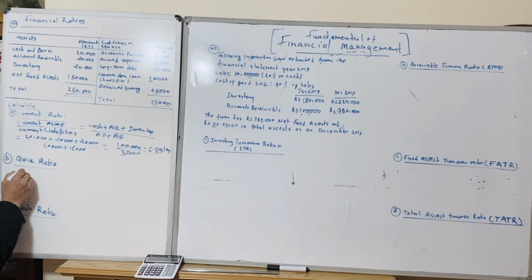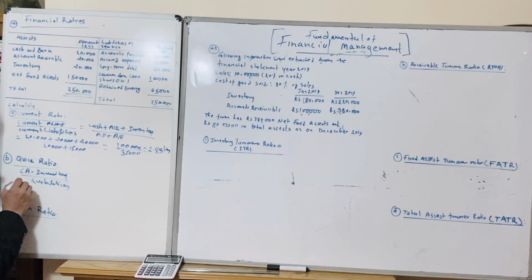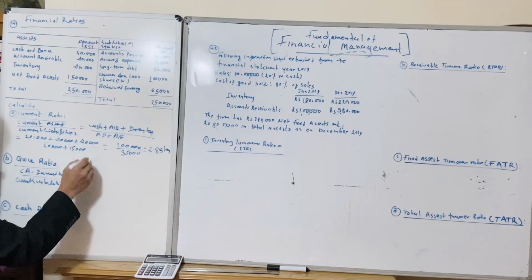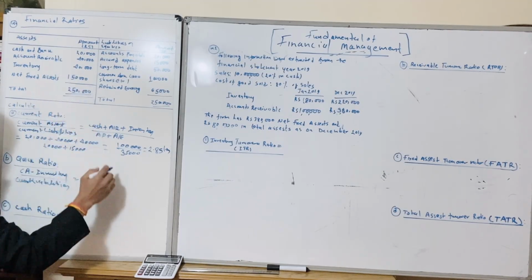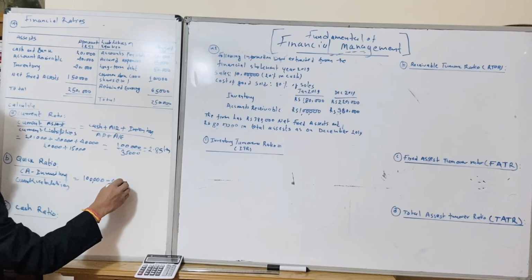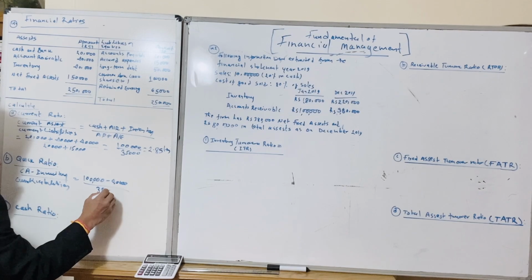Now let's calculate the quick ratio. As we know, the quick ratio is current assets minus inventory, divided by current liabilities. So we know that the current assets are 100,000, inventory is 40,000, and the current liabilities are 35,000.